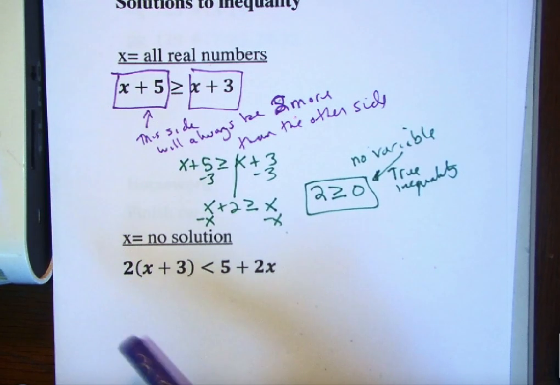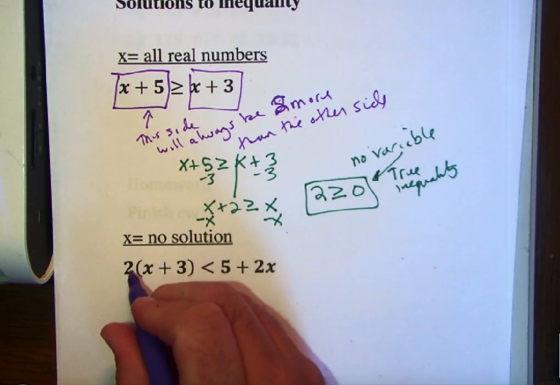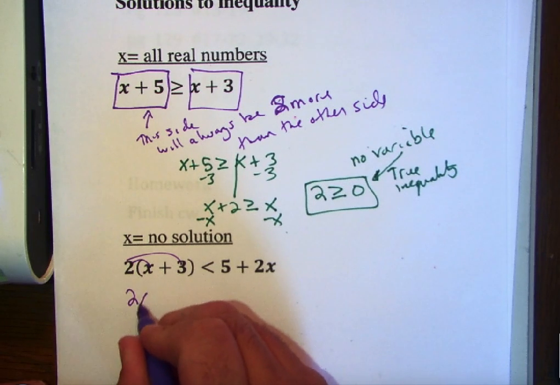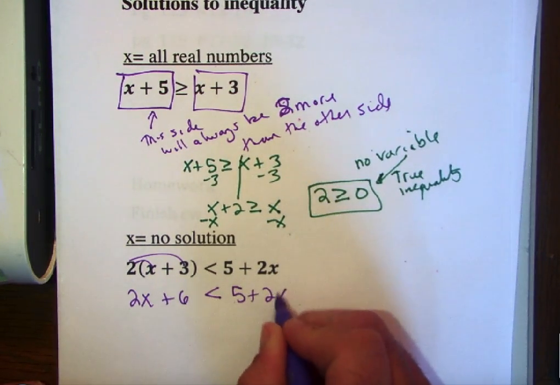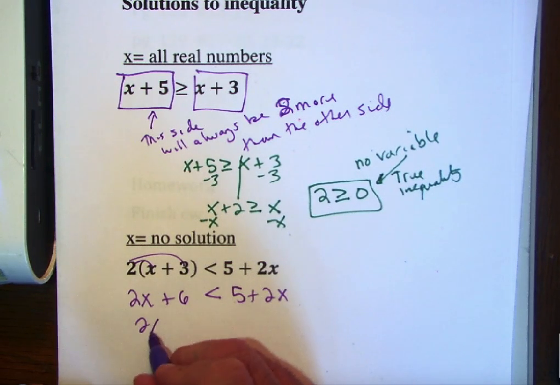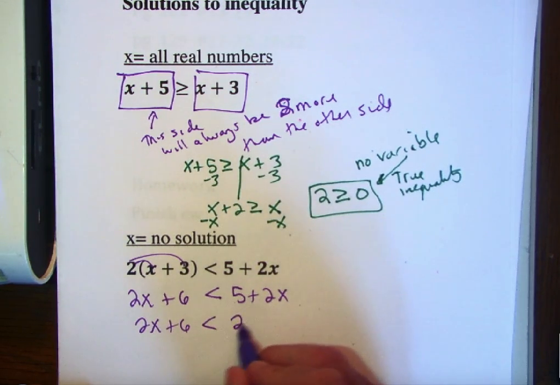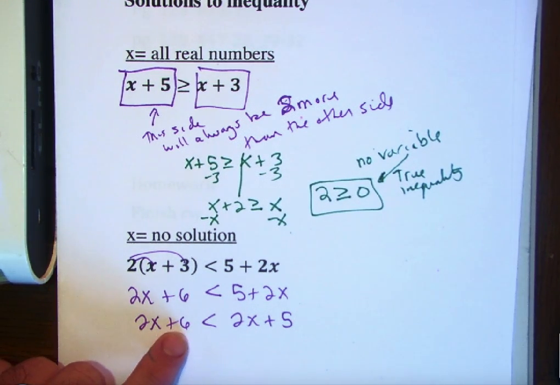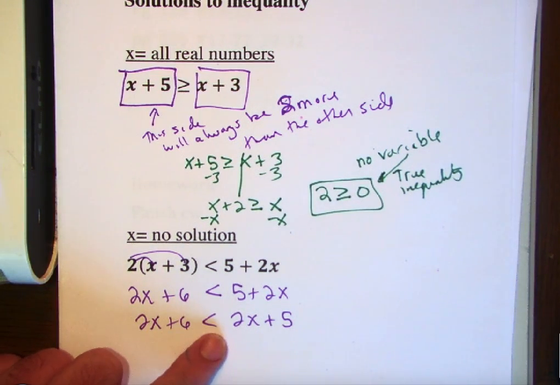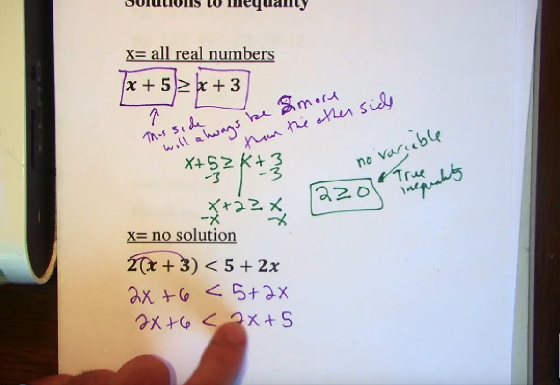All right, this one's a no solution. Did you think about why this one is no solution? A student would say, well, first I distributed, and then I rearranged it so it looked kind of the same. And they would say that 2 times a number plus 6 will be less than 2x plus 5.